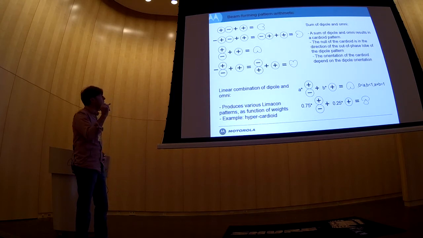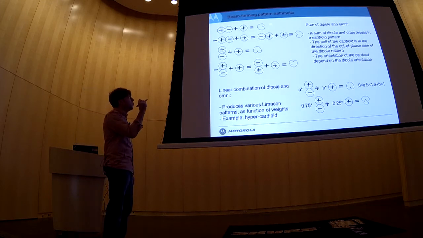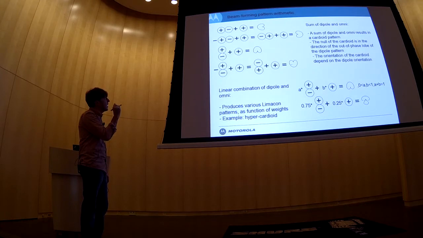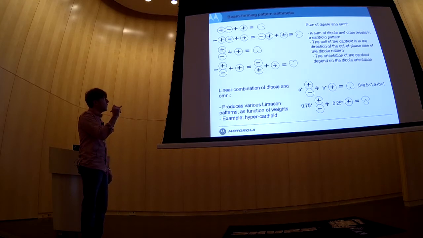The omni, when summed with the dipole, the out of phase signal will cancel out, and it will produce a null in that direction. Similarly, if we had a dipole in a normal direction from a different microphone pair, we could produce a cardioid in that direction.